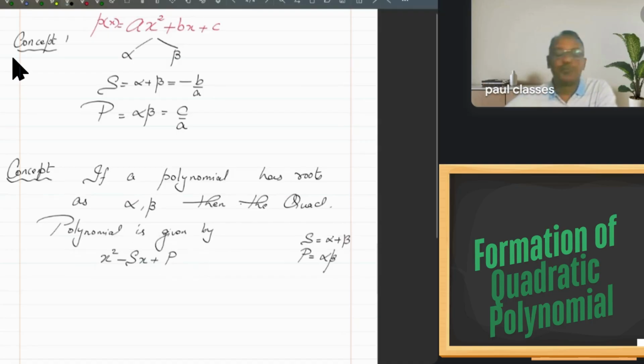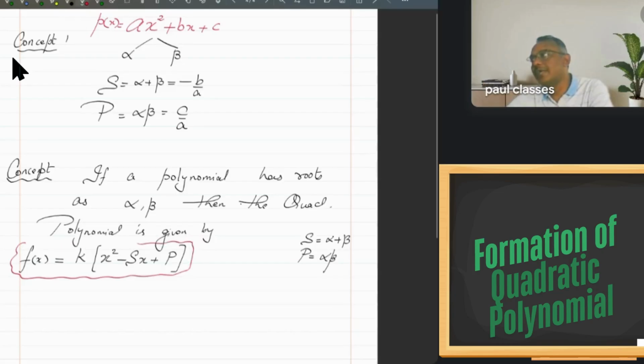This polynomial, कई बार कुछ बुक्स ऐसे लिखते हैं, कुछ बुक्स एक k टाइम्स ऐसे लिखते हैं, है ना? Both ways are accepted. And I'll call this polynomial anything as say fx. The polynomial is given by k times of x square minus sx plus p.